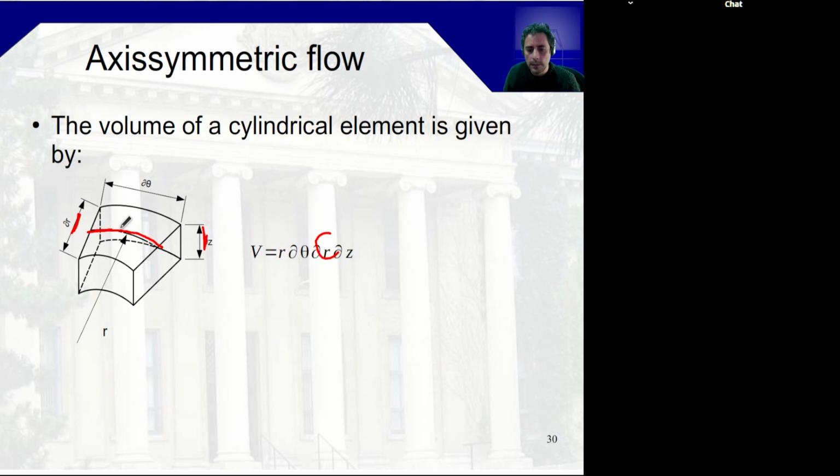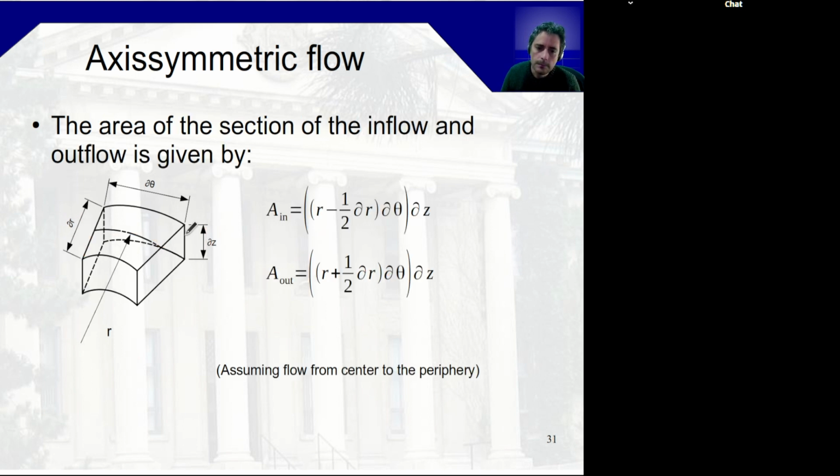Okay, so r d theta times dr times dz gives us a little cube, essentially. The area coming in is r minus half of dr, d theta dz. So that's the area in. The area of water going out is r plus half dr, d theta dz.